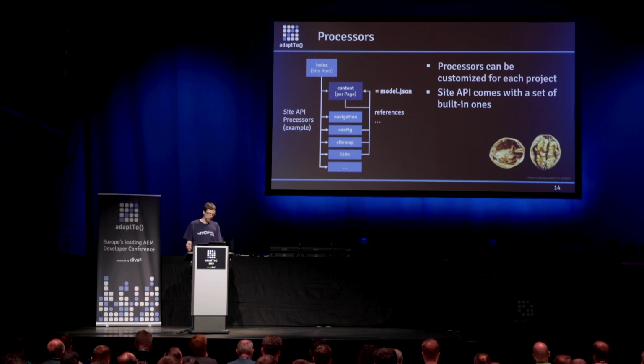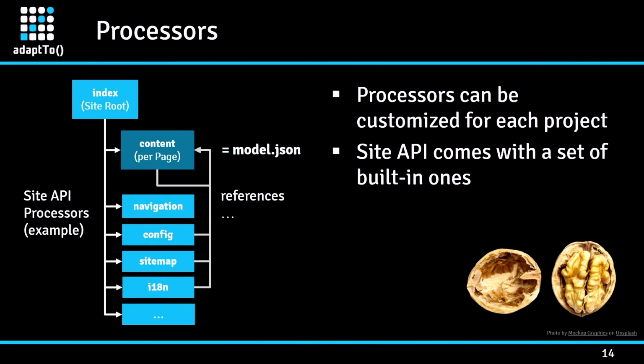Processors. Here's an example. Usually we start with an index processor, which just lists all entry points to your hypermedia crawlable API. The most important then is, of course, the content processor. The content processor is normally a one-to-one export of the model JSON, but just renamed. Internally, we just forward to what the model JSON exports.